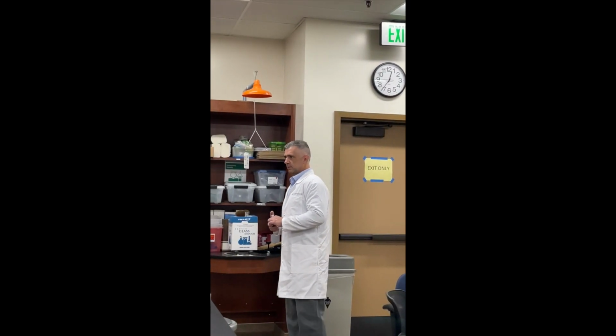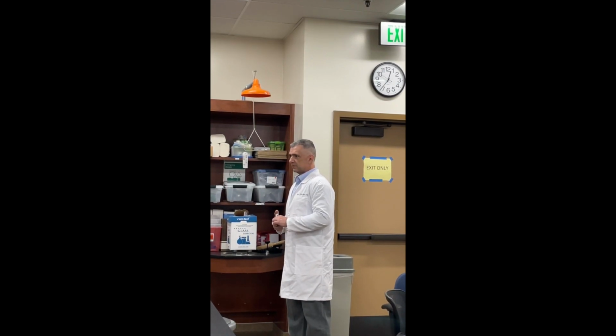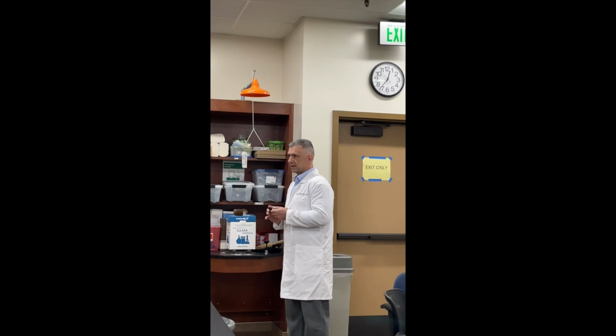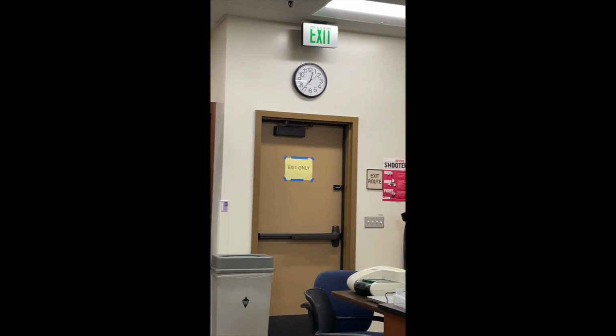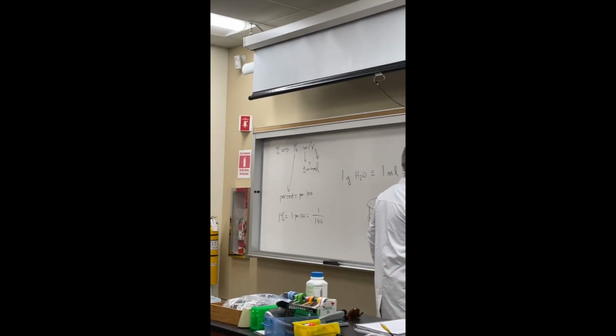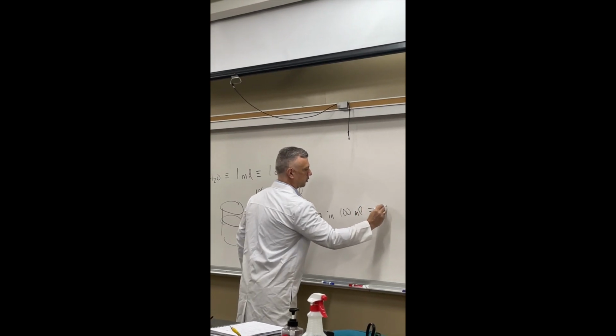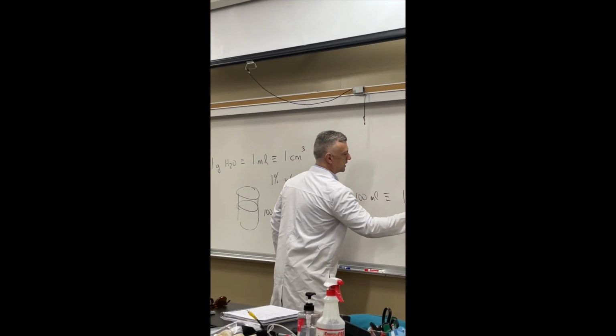It's a powder. How much do you weigh so that what you've weighed is 1% of the solution? Well, the solution is 100 grams. 1% of 100 grams is 1 gram. So that gives you your rule of thumb. 1 gram in 100 mils is equivalent to 1% weight.